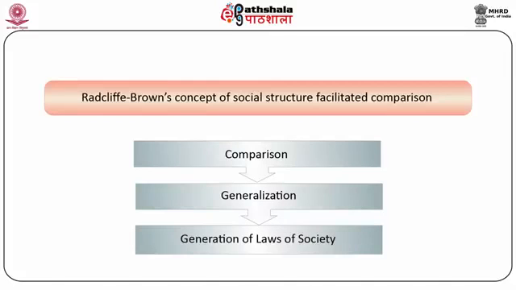Law generation is possible only through comparison and generalization, and this was the hallmark of anthropological inquiry. Anthropologists started studying the social structure of society A, moved on to society B, and then to society C to arrive at generalizations. Therefore, it was trying to acquire a scientific basis of generalization.